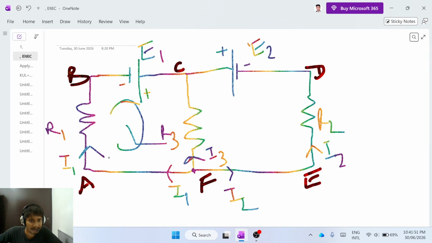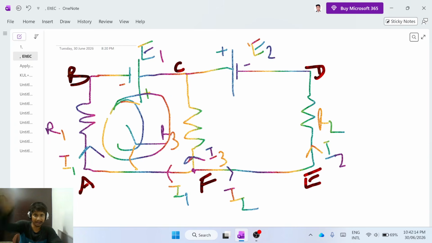We already know about KCL and KVL and how to apply the equations. Now we are using this direction, ABCFA.